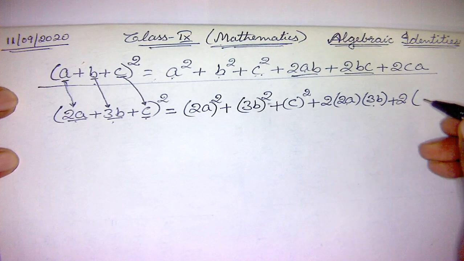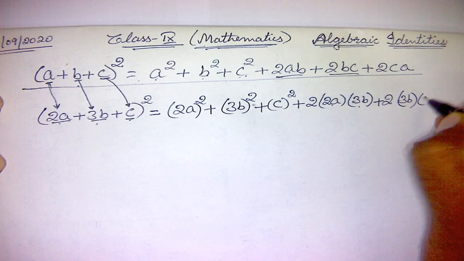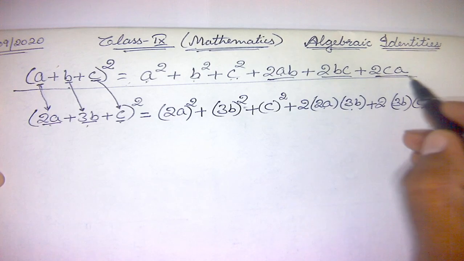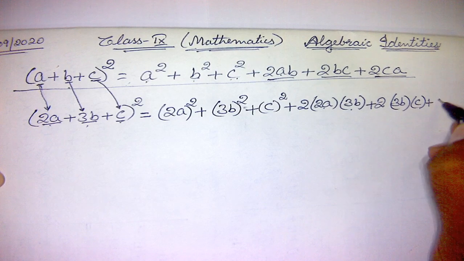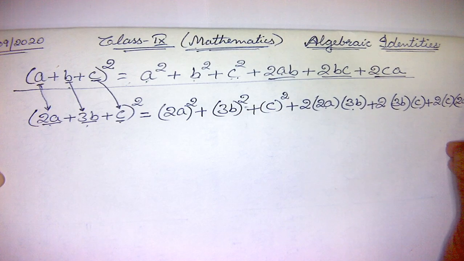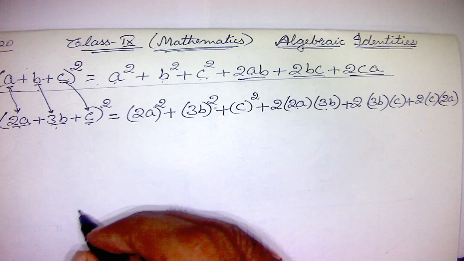So 2 multiply 3b multiply c, and the next says 2ca. So that is 2 multiplied by c multiplied by 2a.